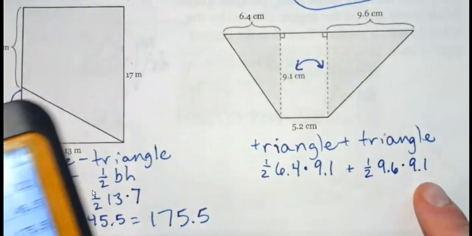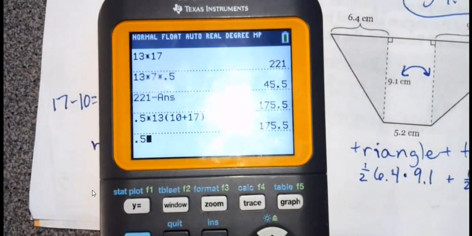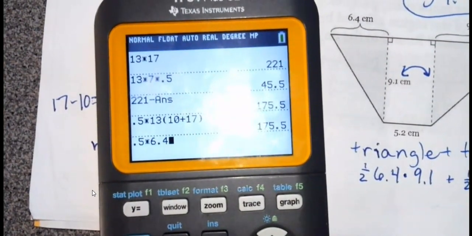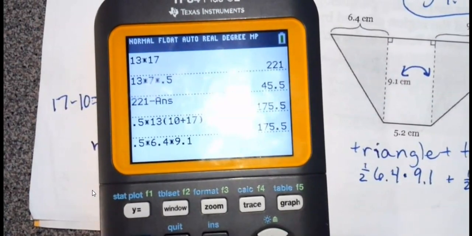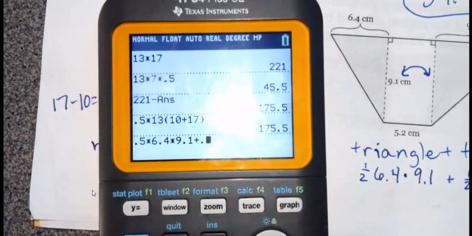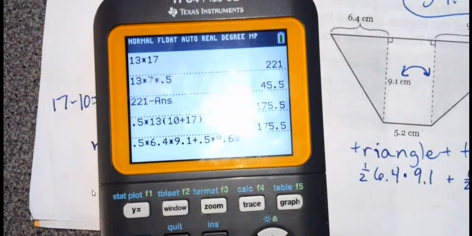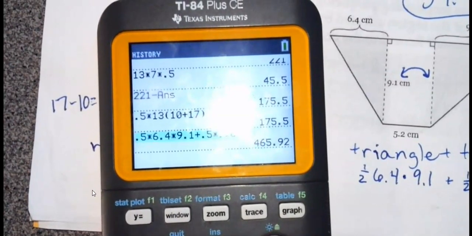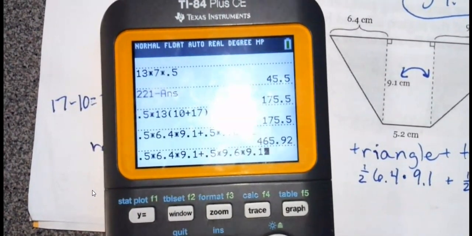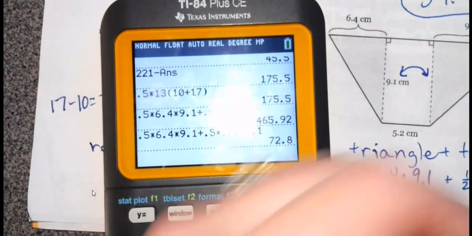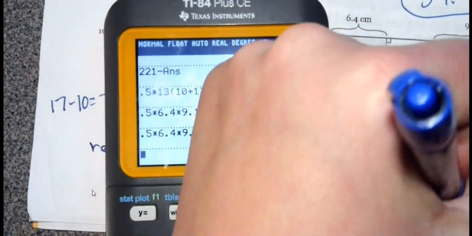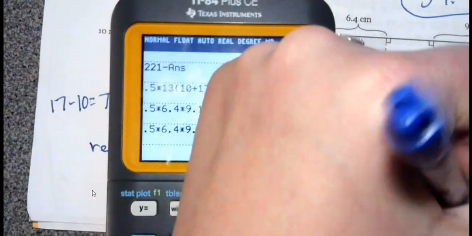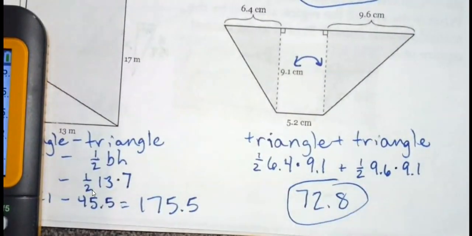And you can type this entire thing in the calculator: 0.5 times 6.4 times 9.1 plus 0.5 times 9.6 times, not 91, 9.1. And you're going to get the area of both of them, 72.8. But it's just the area of the triangles added together.